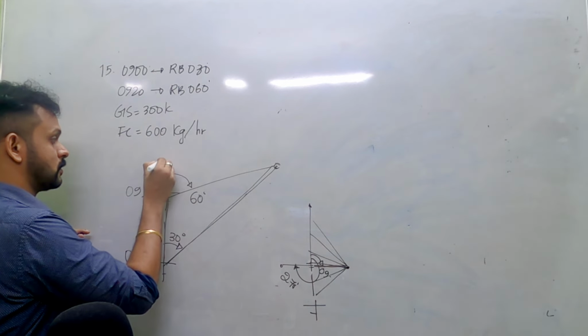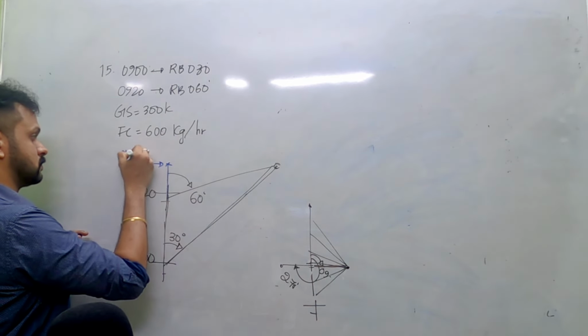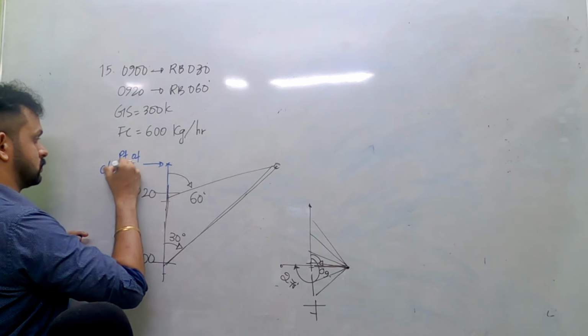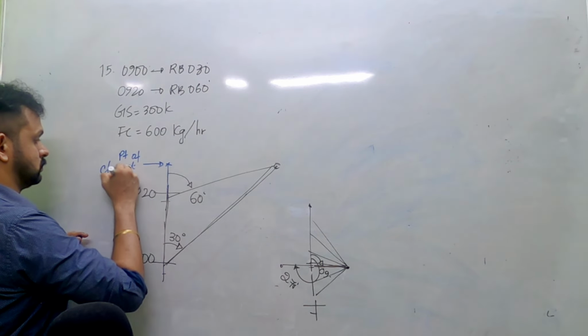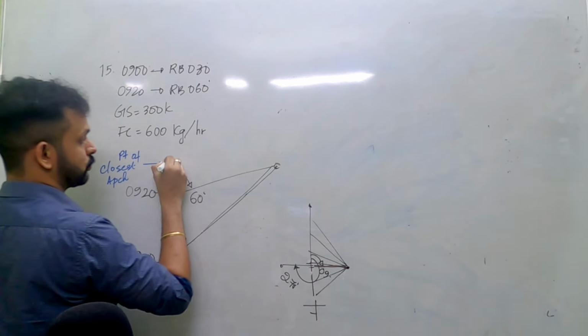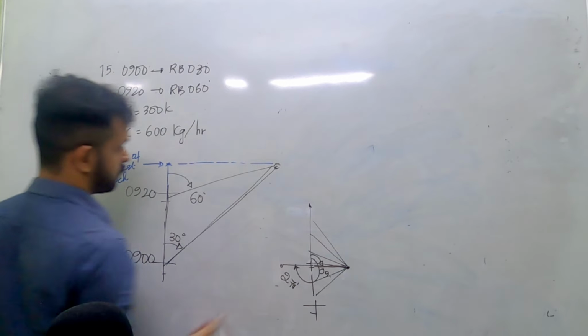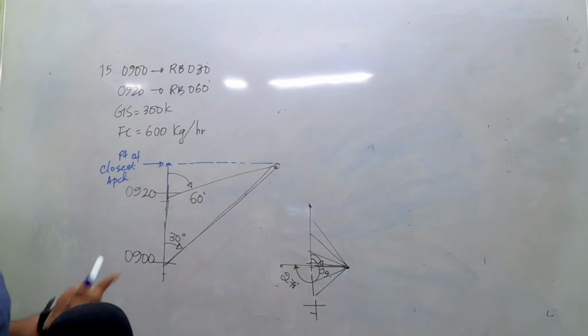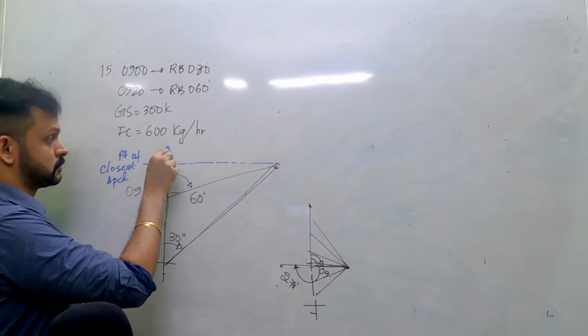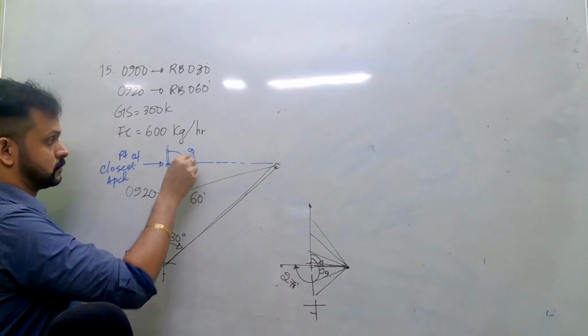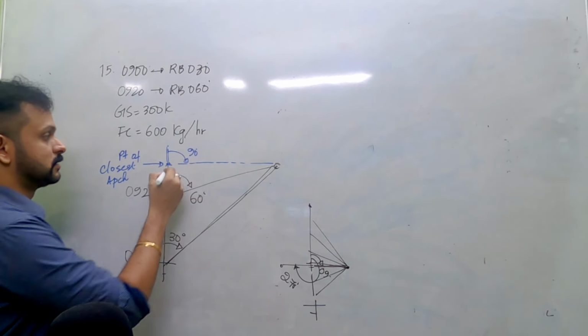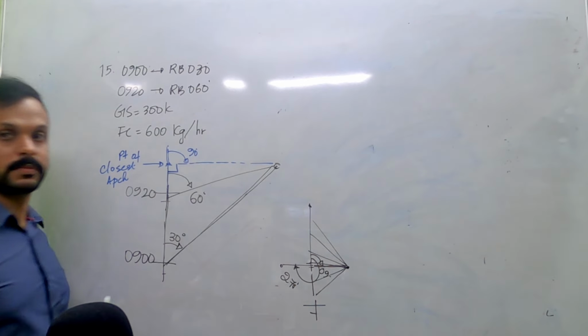Here, this is the point of closest approach. And this abeam, therefore, is going to be a relative bearing of 90, or this angle is going to be 90.